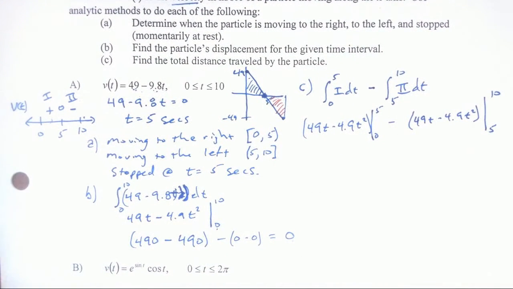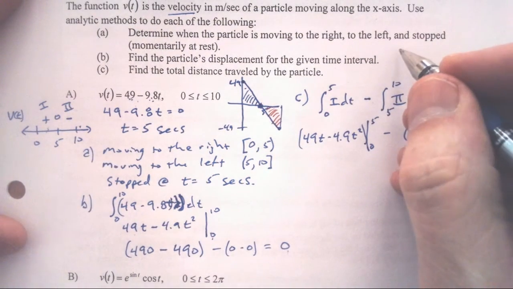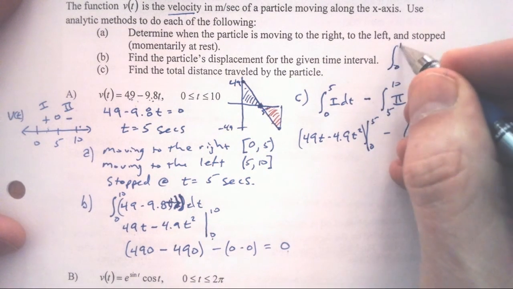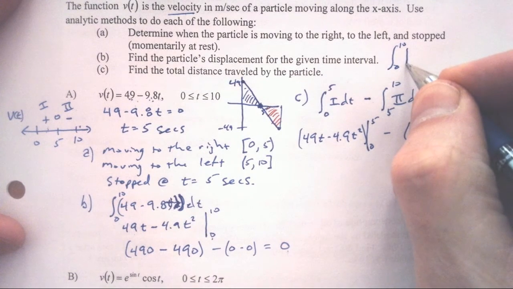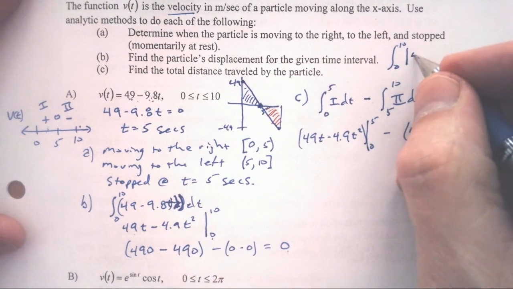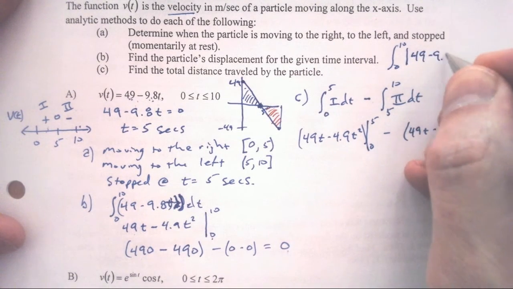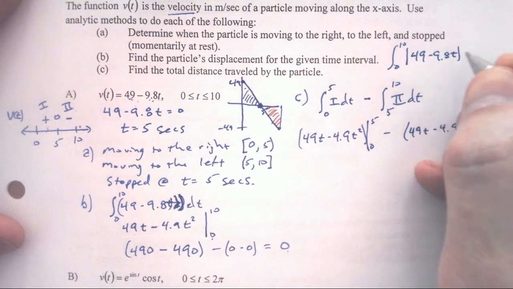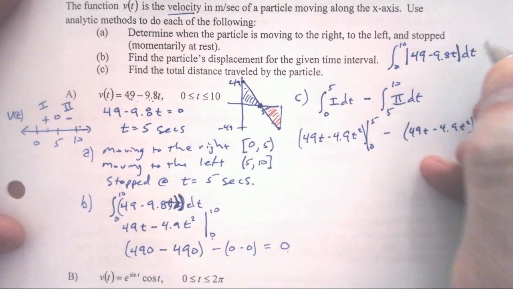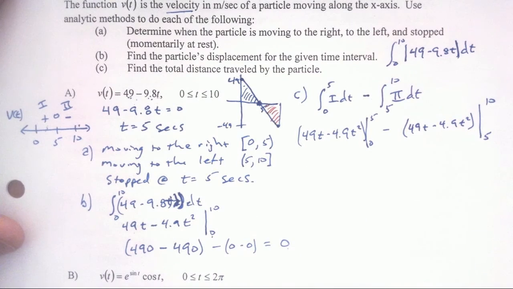Now here's the good news. If you were just to approximate, and this was on a calculator portion, we could just do the integral from 0 to 10 of the absolute value of 49 minus 9.8t dt. We could just do that, and we've got our approximation.